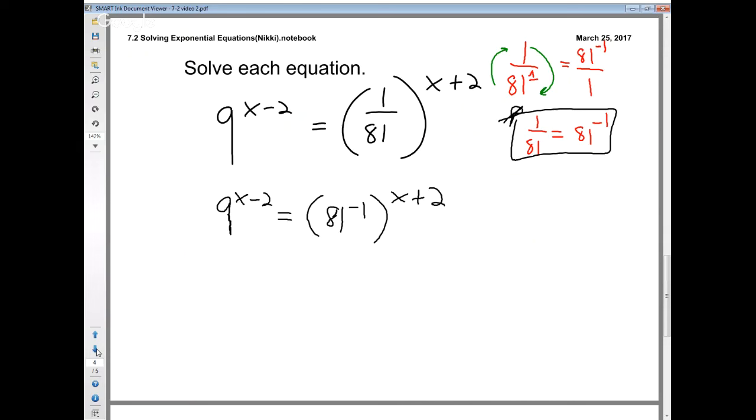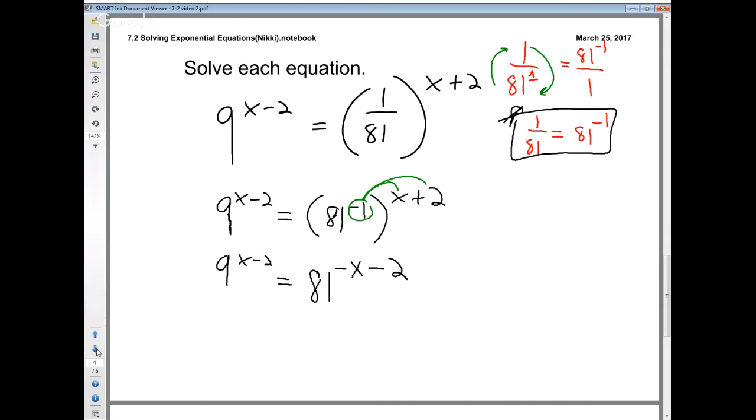And while we're at it, let's go ahead and distribute that negative 1 to both the x and the 2. And by doing that, the new power for 81 will be negative x, because negative 1 times x is negative x. And then negative 1 times 2 is minus 2.